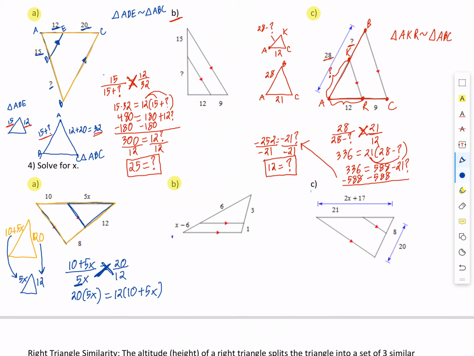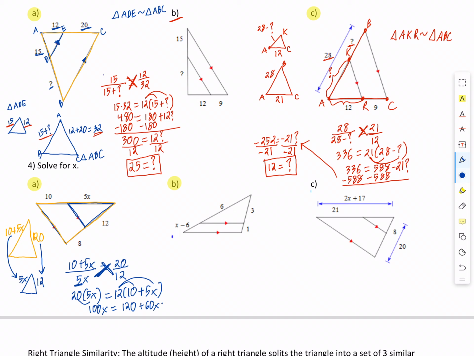I'm just going to keep it like that because technically we could take a 5 out of here, that becomes a 2, that becomes a 1, but I'm just going to leave it like that. 20 times 5x gives us 100x. 12 times 10 gives us 120 because we're distributing, plus 60x.